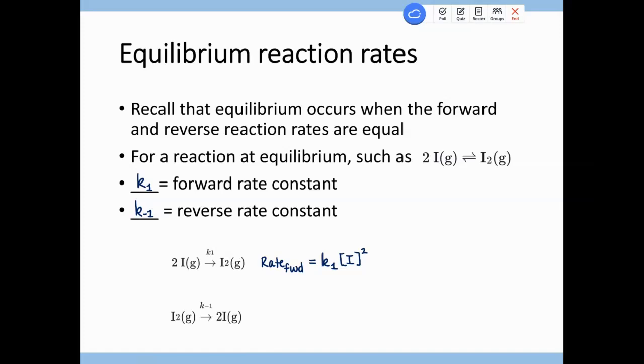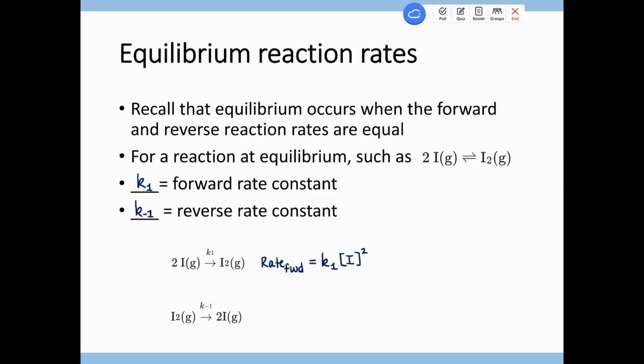So we learned that on Friday, maybe? It was last week. One day last week. So this is a bimolecular reaction. 2 atoms of iodine are required for this reaction to occur. So we have concentration of iodine squared.